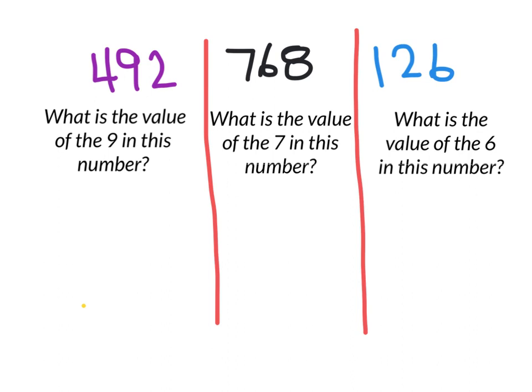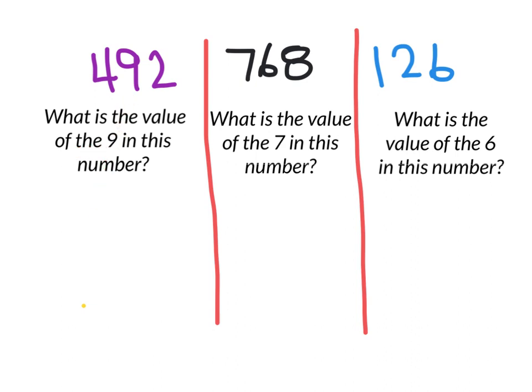Okay, now we're going to take a look at some numbers and talk about them. Let's first start with the number 492. I want you to look at that number, and on your whiteboard, tell me what is the value of the 9 in this number.